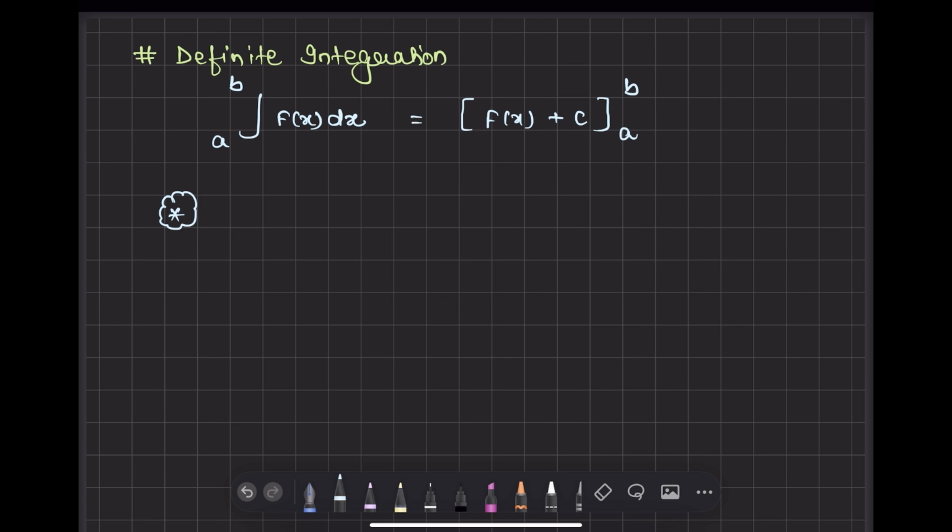So what is the difference between definite integration and area under curve?